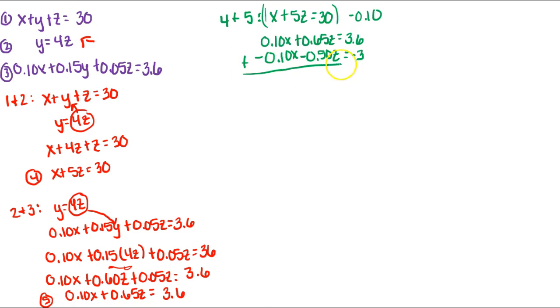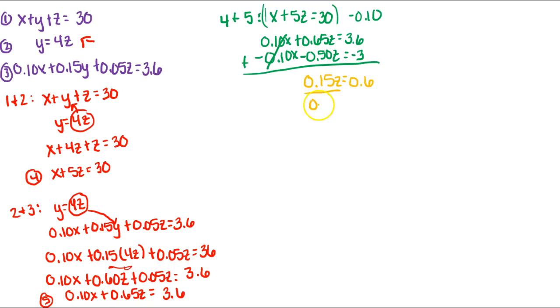Alright, let's add these together. The x's are going to cancel out. We already knew that was going to happen. 0.65 minus 0.50, that's going to give me a positive 0.15z. Over here, 3.6 minus 3 is going to give me a 0.6.